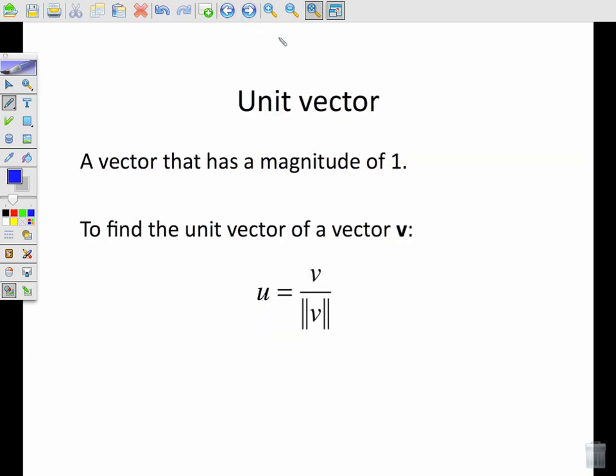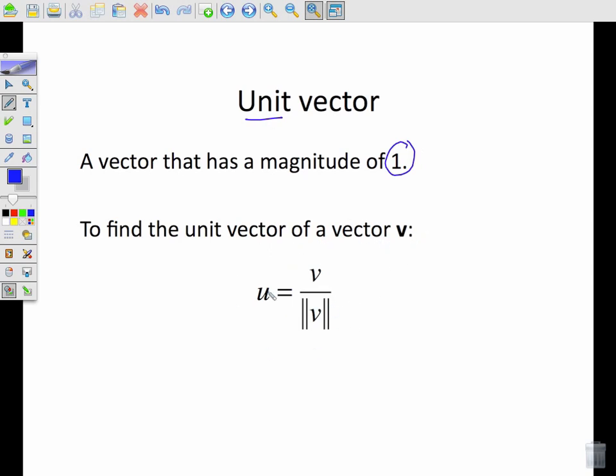What you're going to find is there's some information here that's going to help us get through the next few pages. This is not in your packet, but it may be something that you want to write down somewhere. A unit vector. A unit vector is a vector that has magnitude of 1. So the 1, that's why we call it a unit, like it's a 1-unit vector. To find the unit vector of a vector v, this is the result of it.